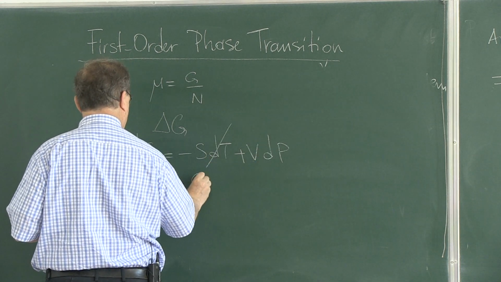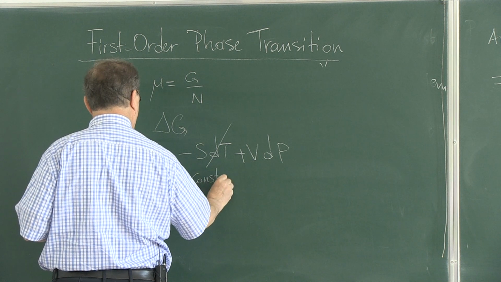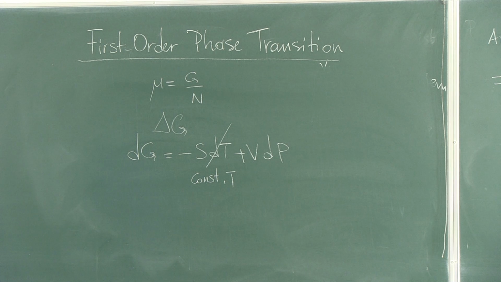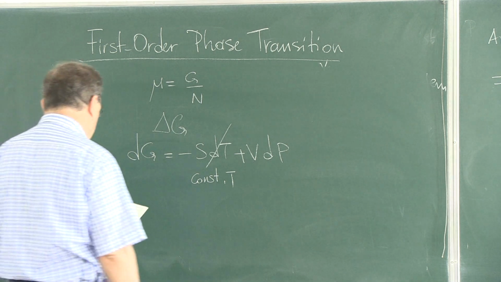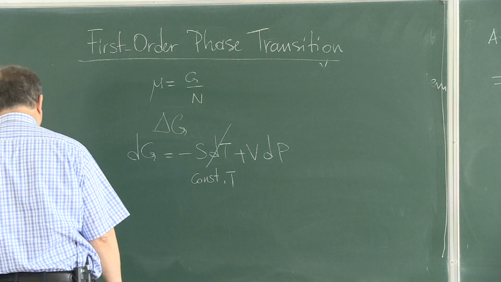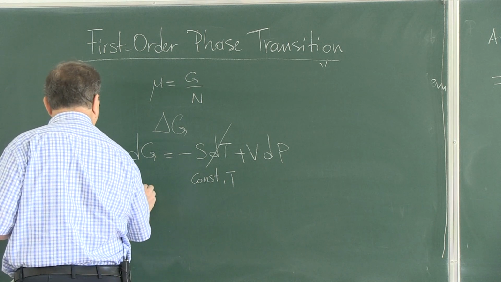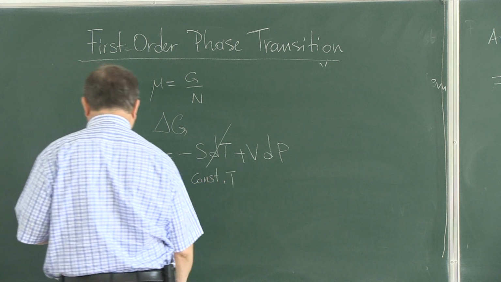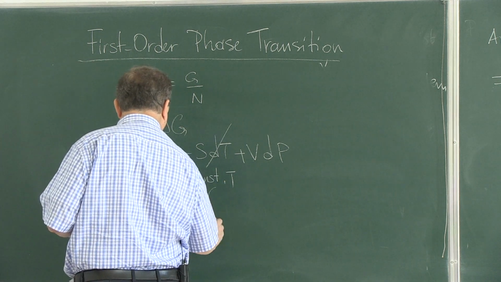Since it is constant temperature, that part is 0, isn't it? So VdP, now to get the change in Gibbs free energy, we have to integrate VdP between A and B.